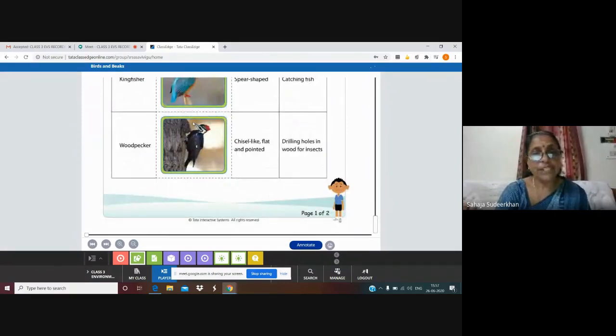Woodpecker has a chisel-shaped beak. This is flat and pointed also, to chisel the tree trunk to make holes. It is used to drill the tree to make holes to find the insects. Isn't it? So is it clear to all? We are going to the next part.